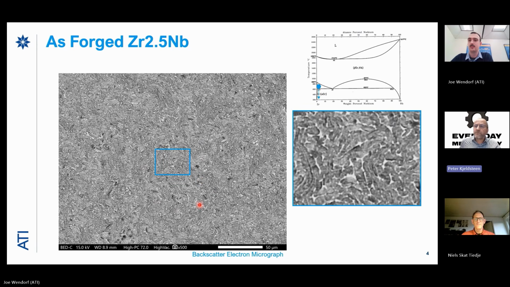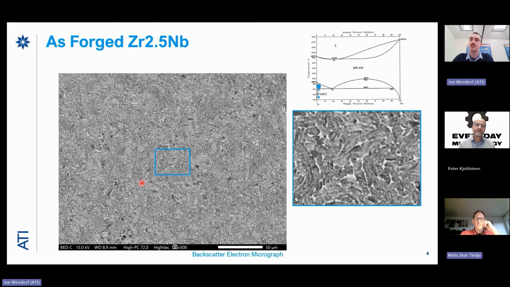Typically when you see forging, you can see the forging direction, but here I cannot see how it's forged. Here, it's a radial forging technique that gives you a round log, and we've cut a circular cross section through that log. So we're looking end on at the microstructure.